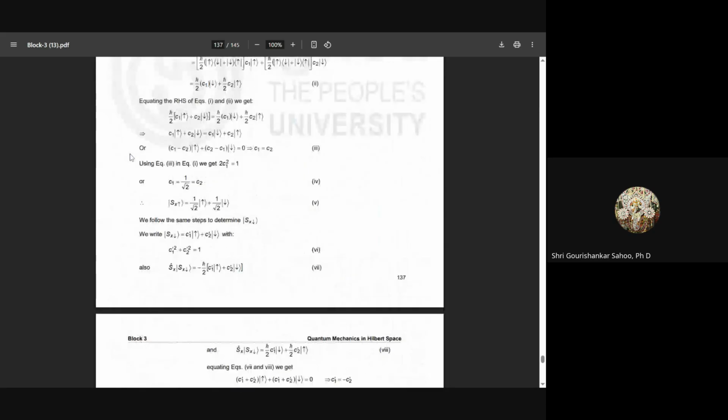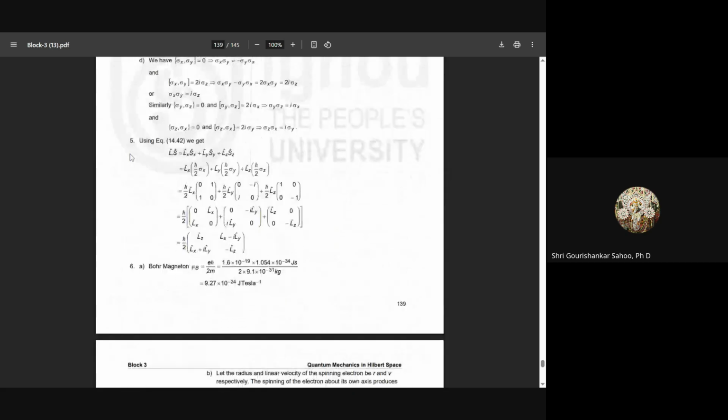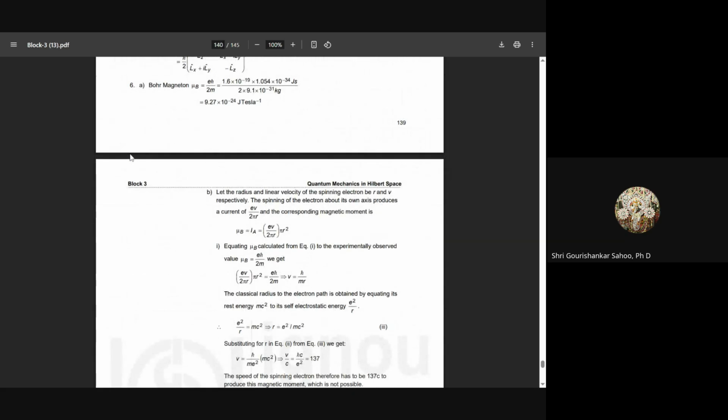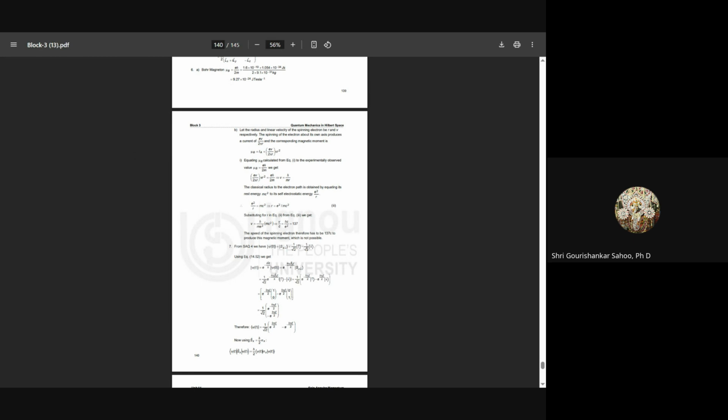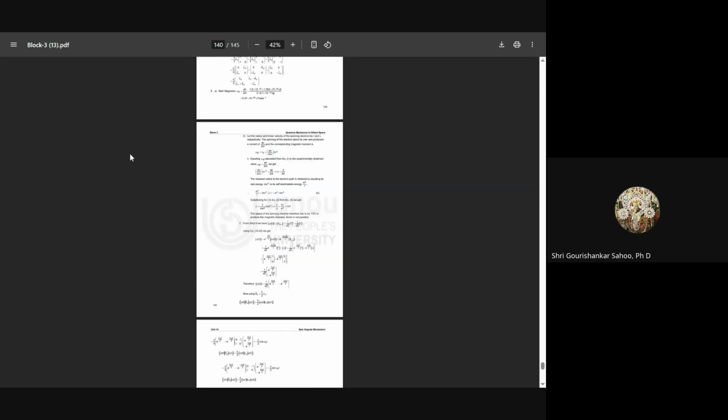So you can see here. If you have any doubt, you can ask. You can see here the solution is here. I have shown it on the screen. Okay, so you can see here. If you have any doubt, you can ask now.